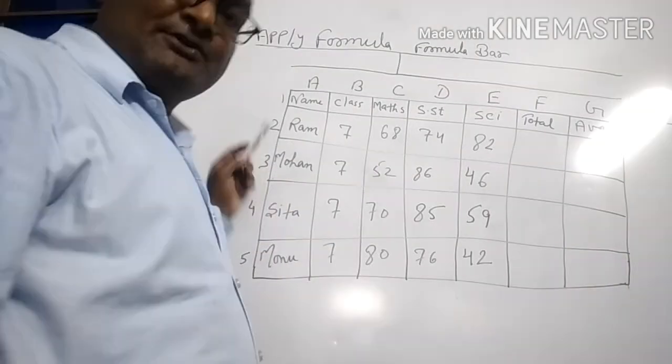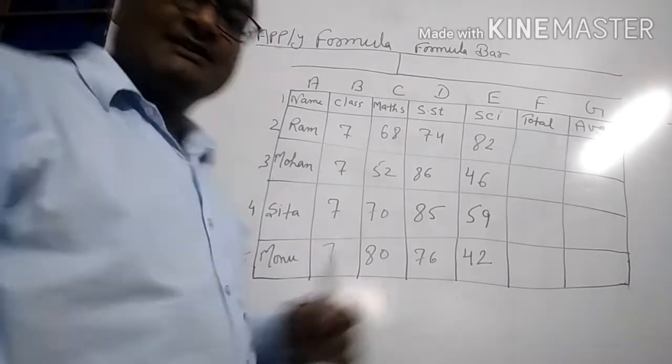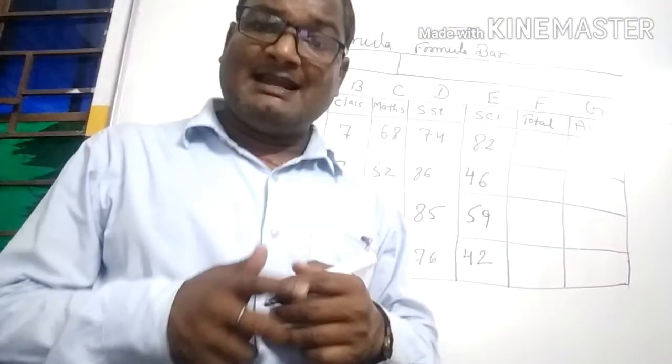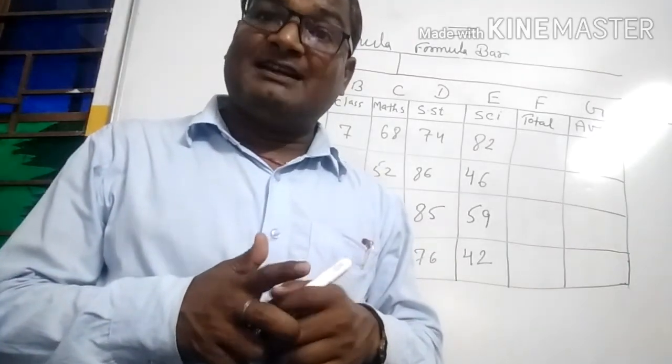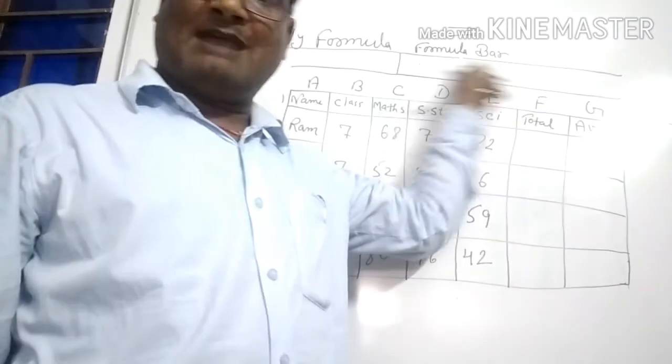And row names are defined as 1, 2, 3, 4, 5. I also told you the formula will start from the equal to sign, and this formula we will write where? Formula bar. This is the formula bar.